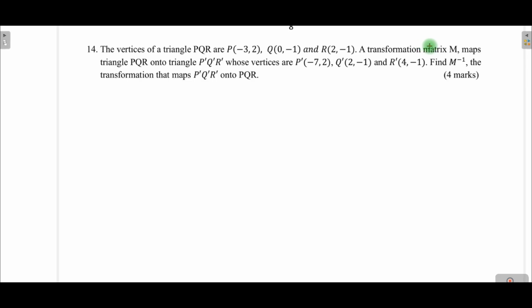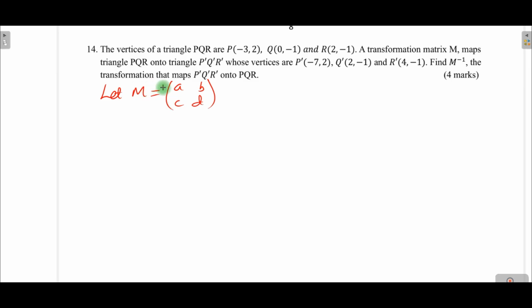So we don't know the transformation M, and therefore we can say let M equal to (A, B; C, D), a transformation matrix of order 2 by 2.